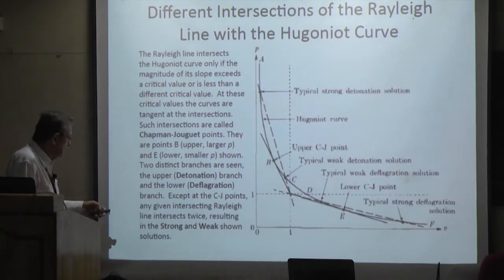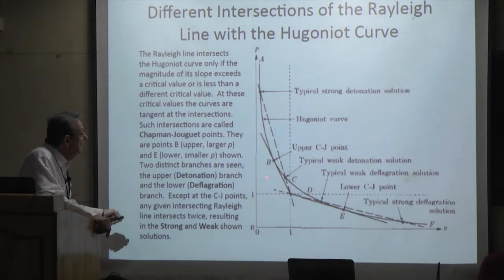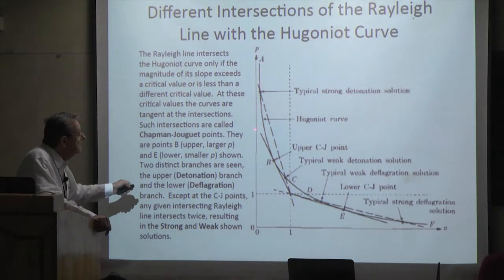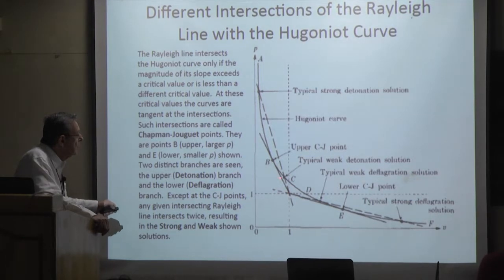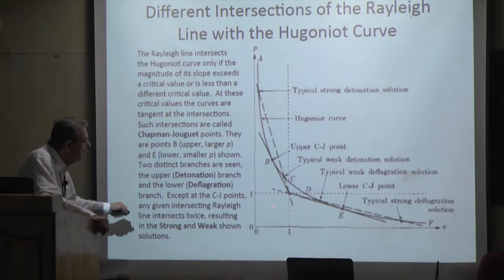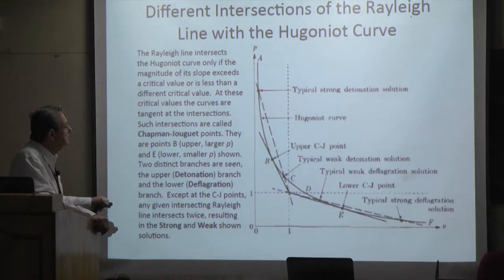Therefore, when you draw on the PV diagram the Hugoniot with heat release, you have a curve which is above the initial state. If it were endothermic, it would be below. If there were no heat release, it would go through the initial state for the final state.